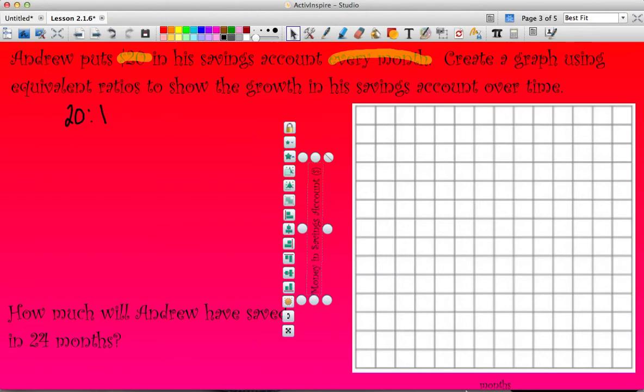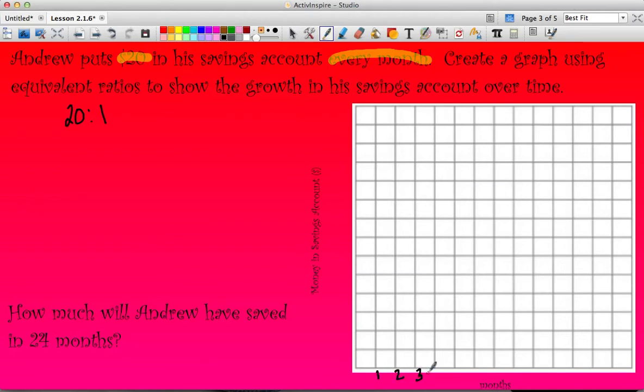All right, so in this case, after we do our labels, we have to make our intervals again. This would be fine to go by ones since we are using just 1 here. So we could go 1, 2, 3 months, 4 months, 5 months, 6 months, 7 months. And we can stop there. Okay, and then the next one, we can look and see it's $20. So I can go up by 20.